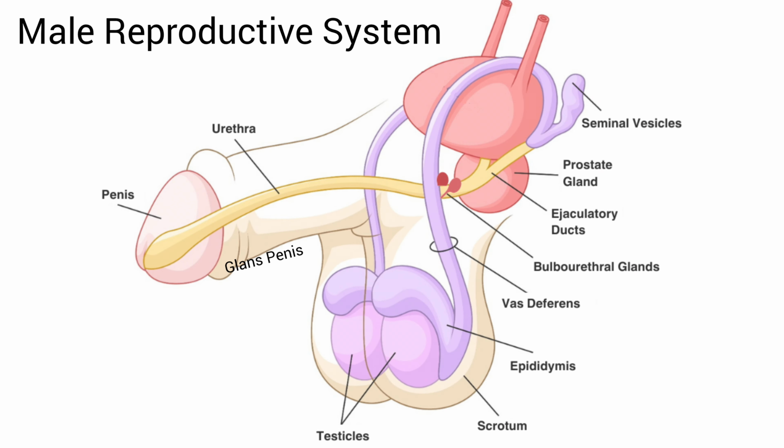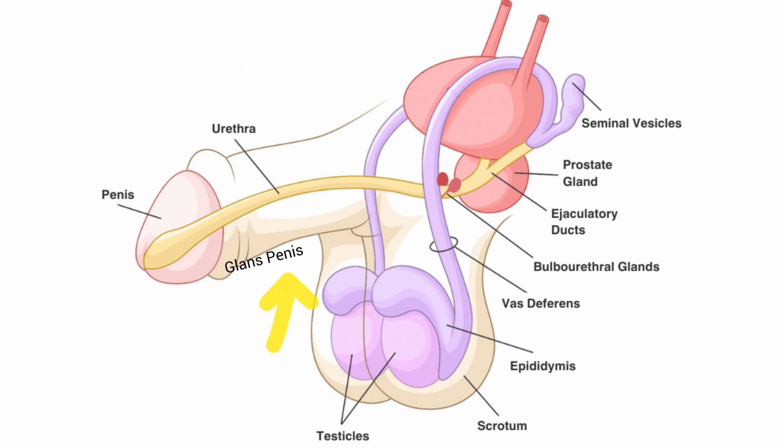Now the accessory glands are seminal vesicle, which is responsible for the production of fructose rich fluid, prostate gland behind the seminal vesicle, and the Cowper's gland or bulbourethral gland, which is responsible for the secretion of mucus. Now the common passage for the urine and the sperm is the external genitalia. It is the penis which is protected by the glans penis layer.